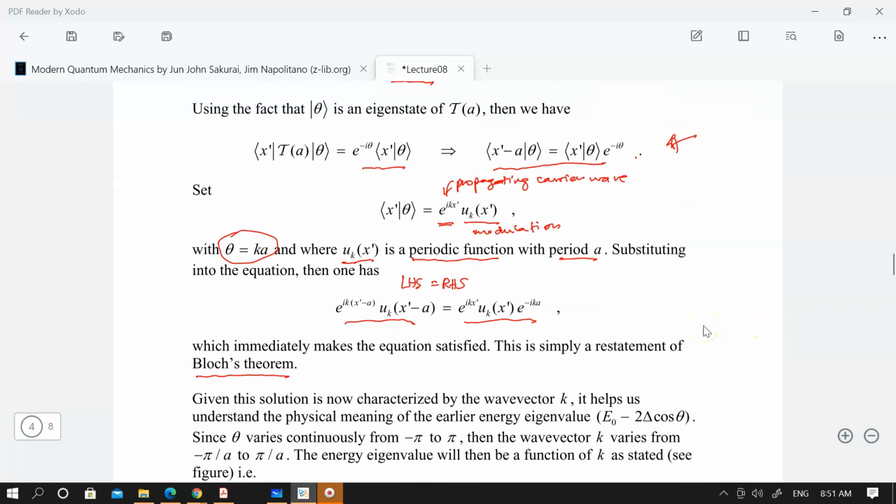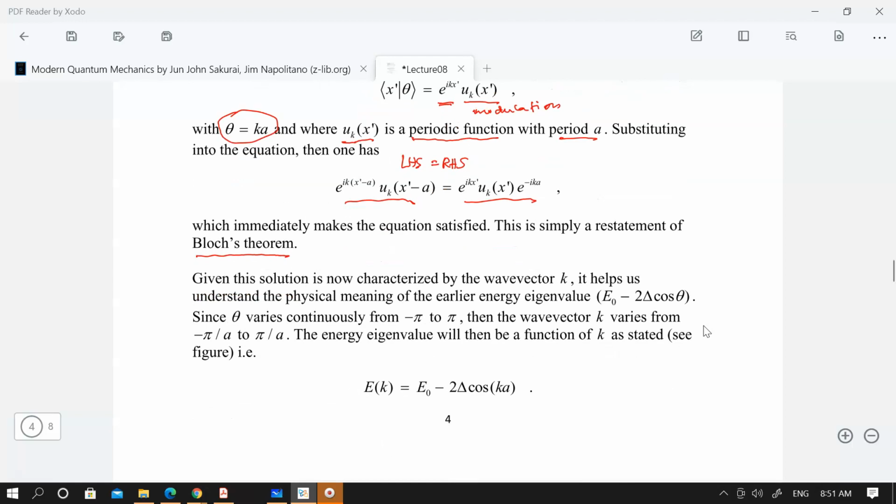So now what do we have? Your solution here is now being parameterized by k, and k is the thing that I mentioned earlier. It's supposed to tell you about how things propagate. So your k essentially is what we call the wave vector.